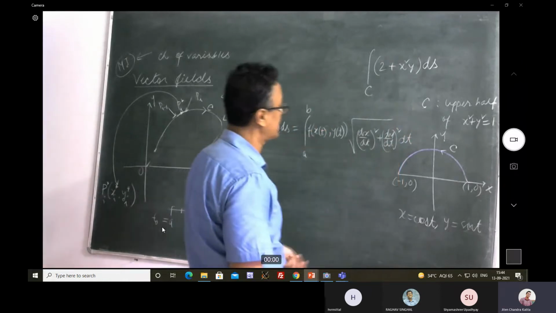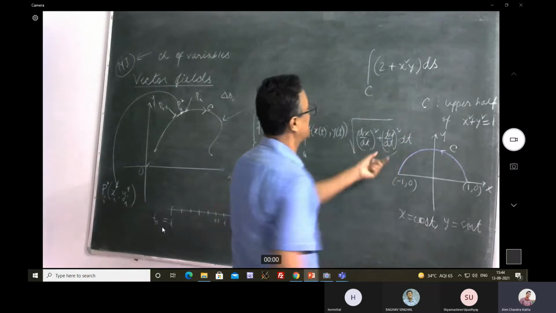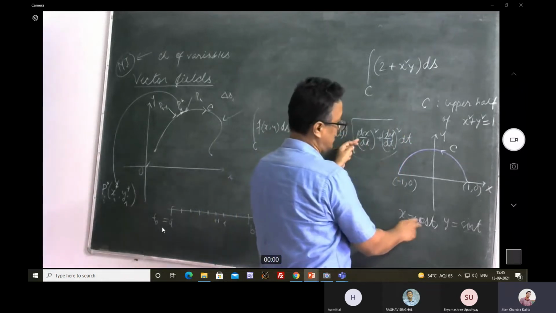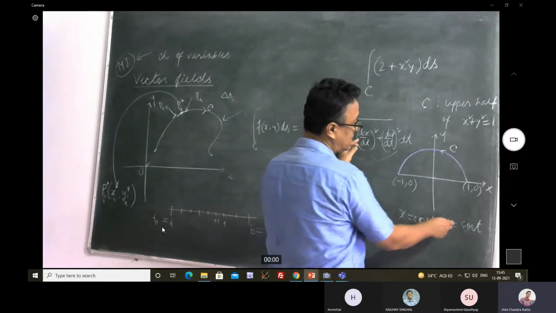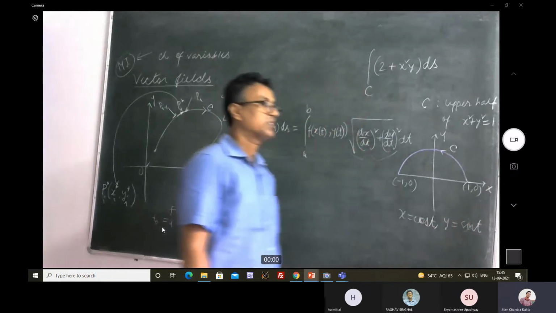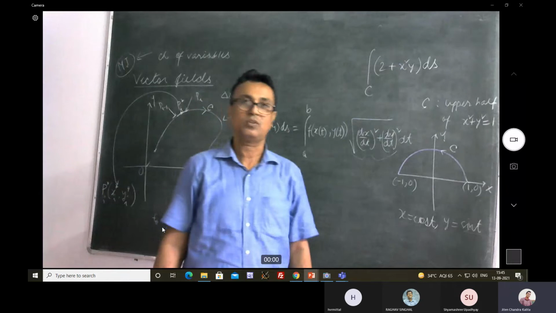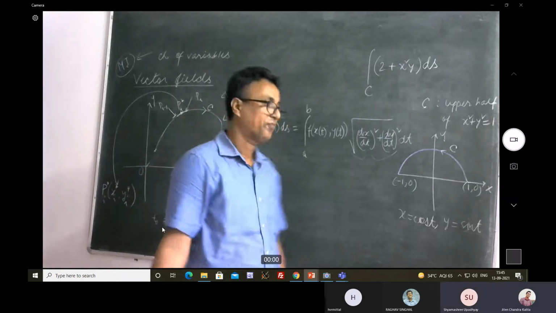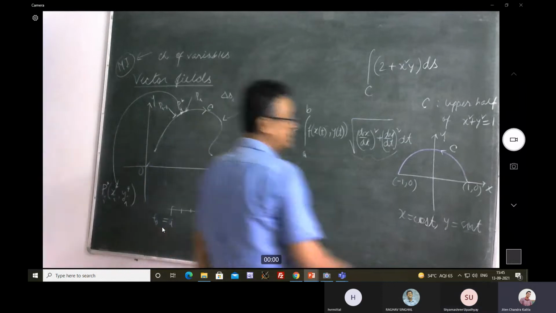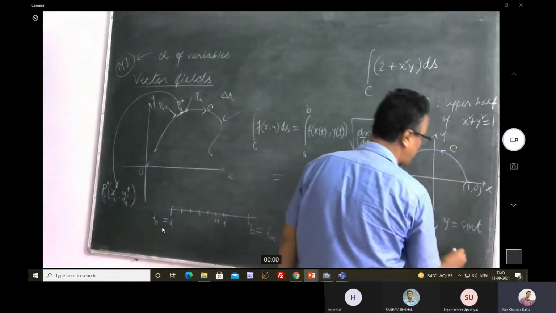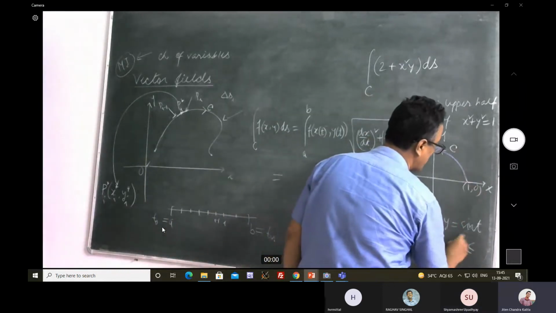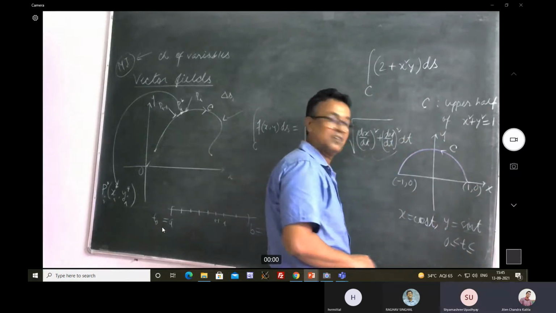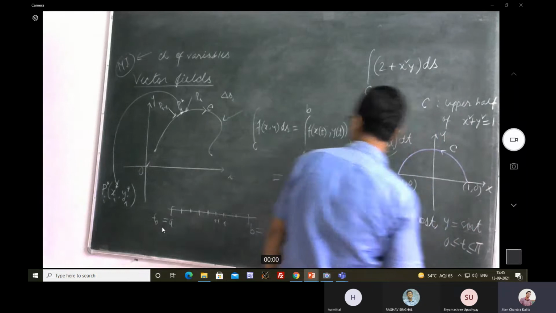Now you can see that dx/dt is minus sin t, and dy/dt is cos t. So basically the square root of sin squared t plus cos squared t, that is simply 1. Is it okay? Because this is the upper half of the circle, t goes from 0 to pi.